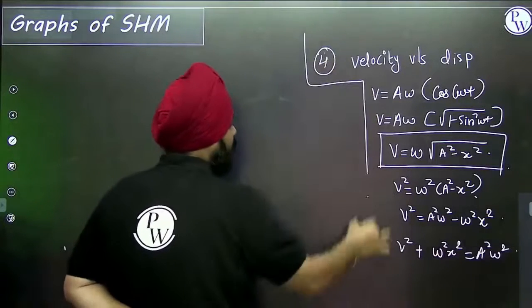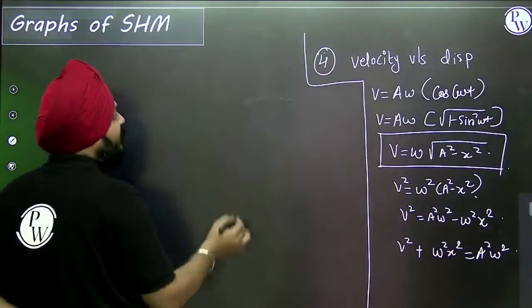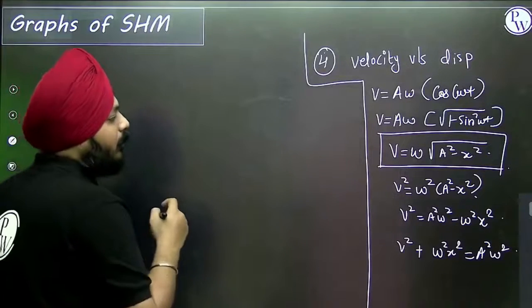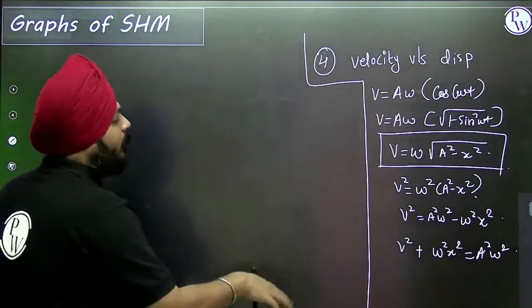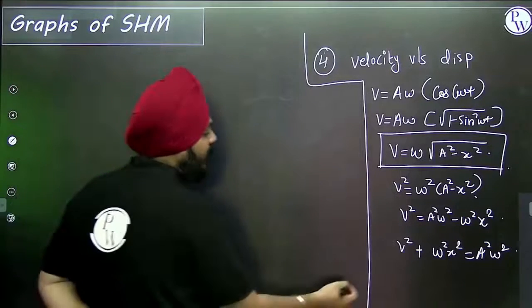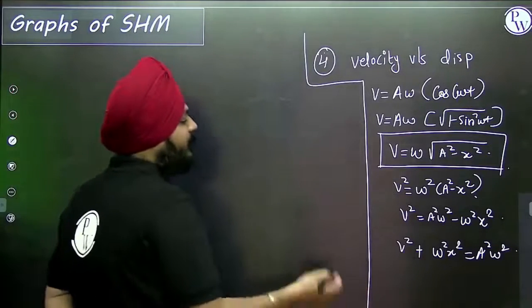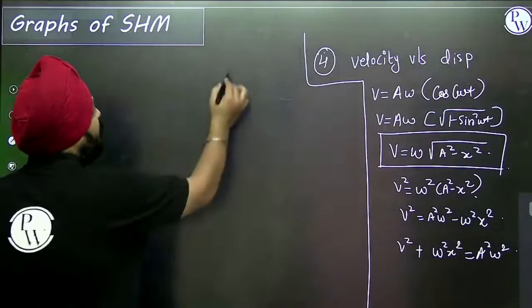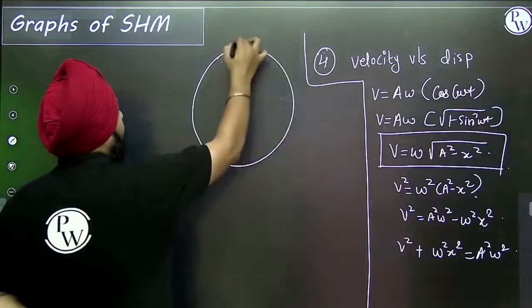And simply if you want to represent this term, this shows the graph of an ellipse, right? This is x square by a square plus y square by b square. See, this is a graph I'm showing you.